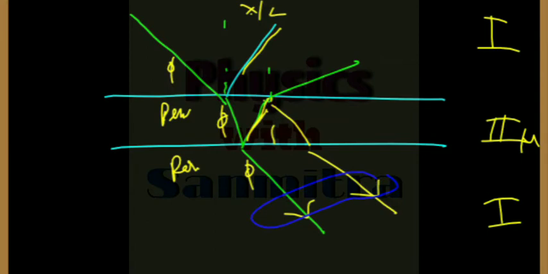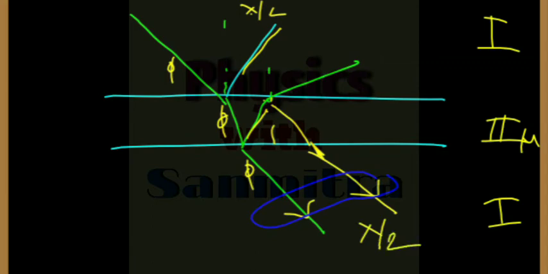Now just see one thing here. Since there is no reflection, only transmission from a denser medium to a rarer medium, these two have no phase difference of lambda by 2. So the same calculation will occur here.